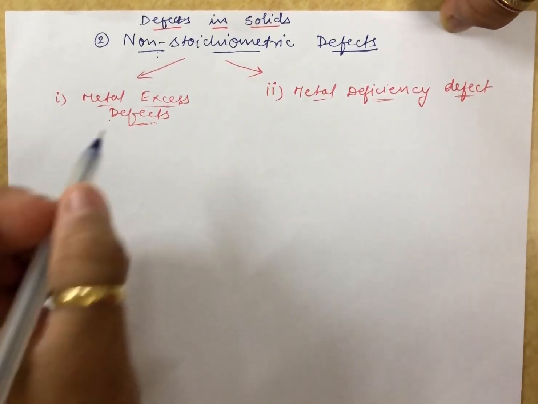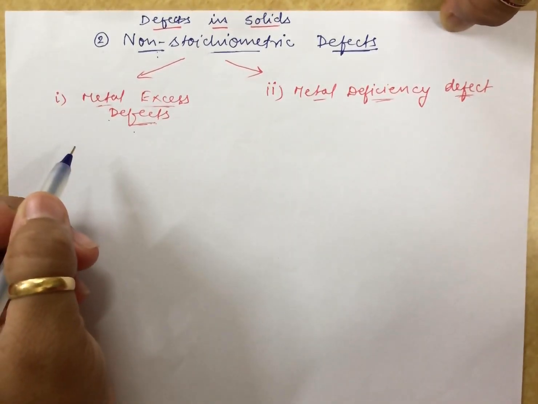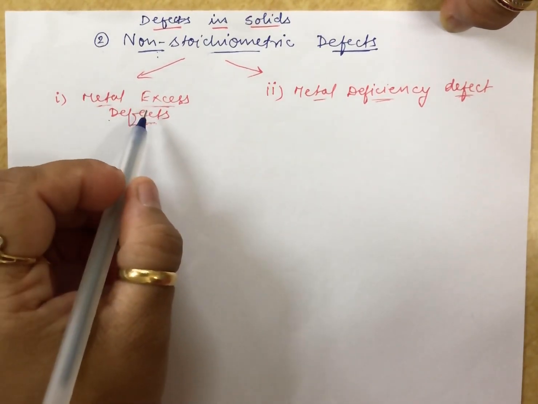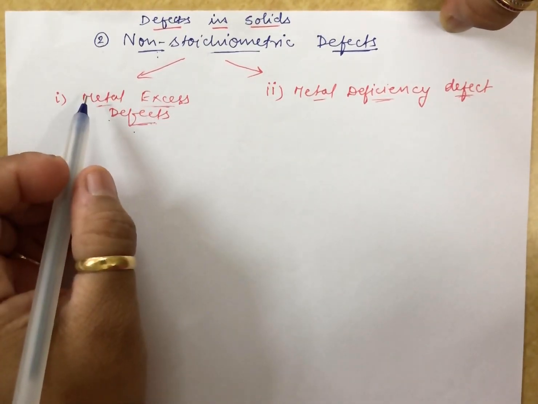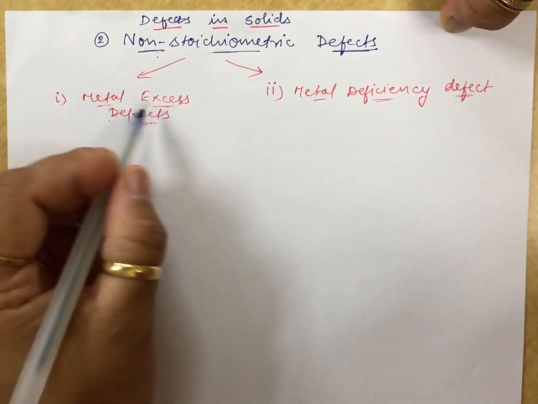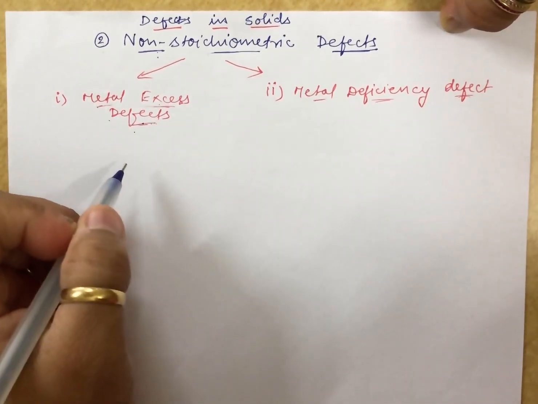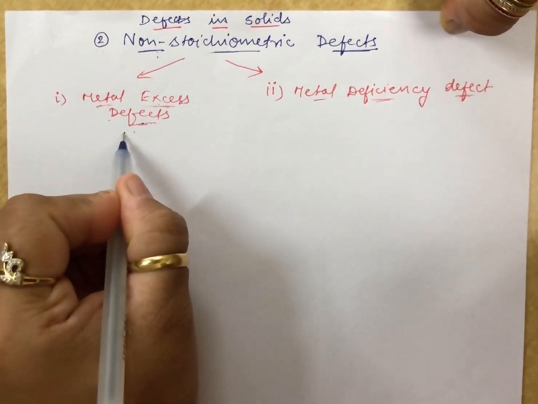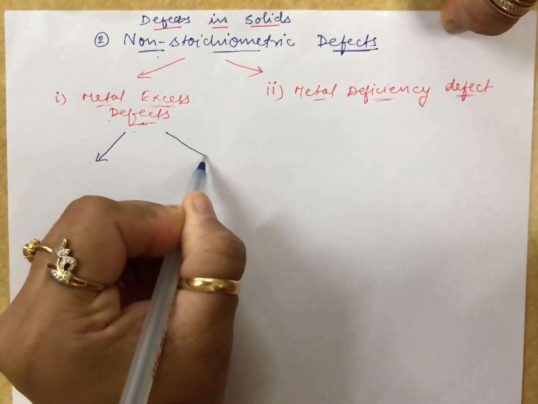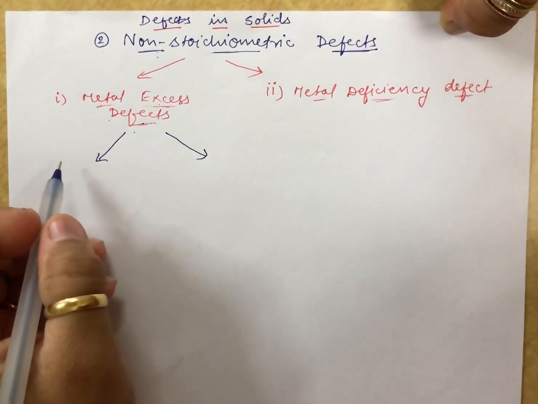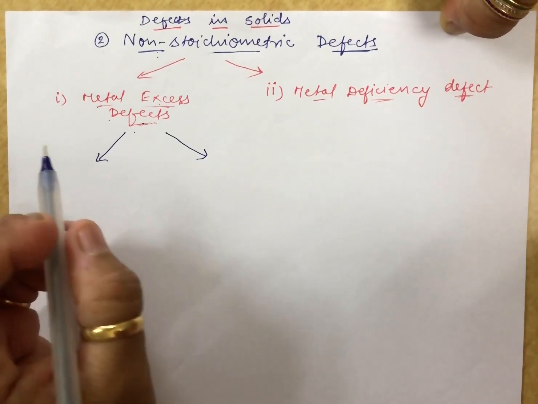First, let us discuss the metal excess defect. The name indicates that this particular defect is because of the excess metal present in the crystal. Excess metal in the crystal can be present because of two things.